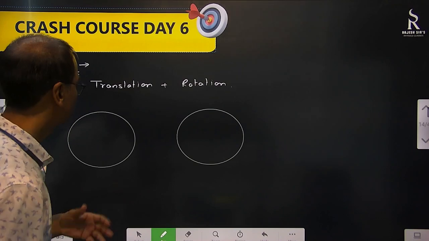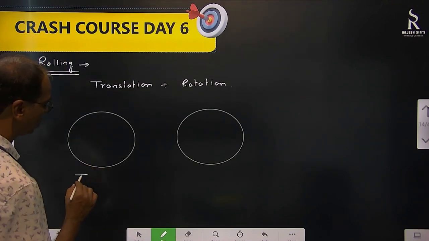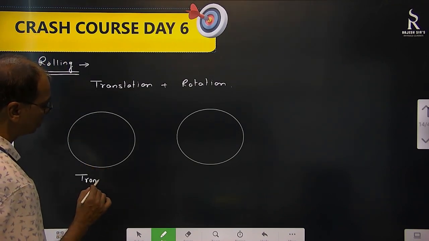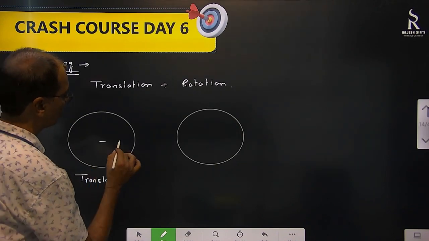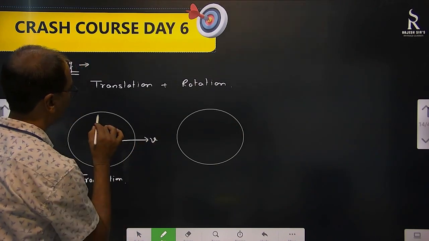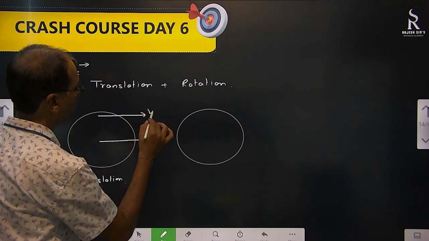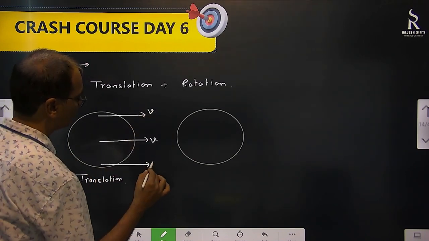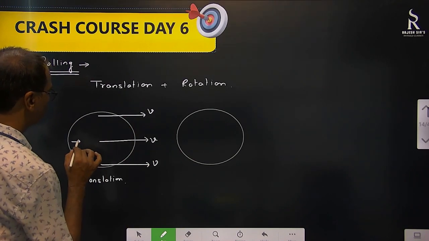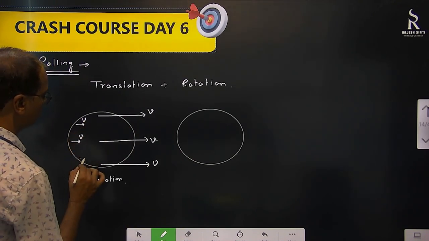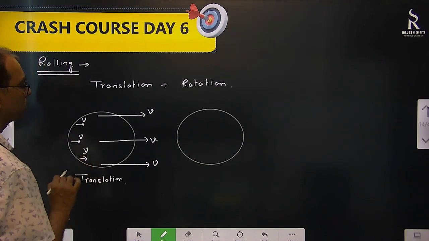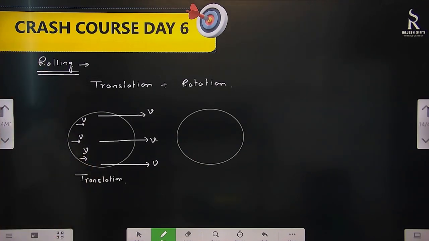This is pure translation. The center of mass is moving with v, the topmost point is moving with v, the bottom point is moving with v. All the points have the same speed. This is translation. Pure rotation.